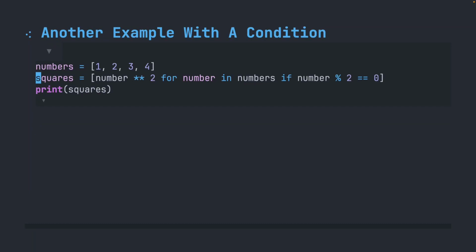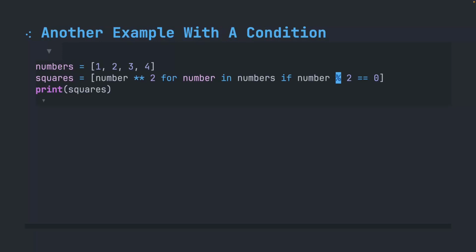Here we need to explain one more item, and that is the modulo operator. The modulo operator is the percent symbol. It does division, but instead of giving you the answer to the division problem, it gives you the remainder. So here, we're going to square the numbers just like we did before, but we're going to filter out all of the numbers that are odd.